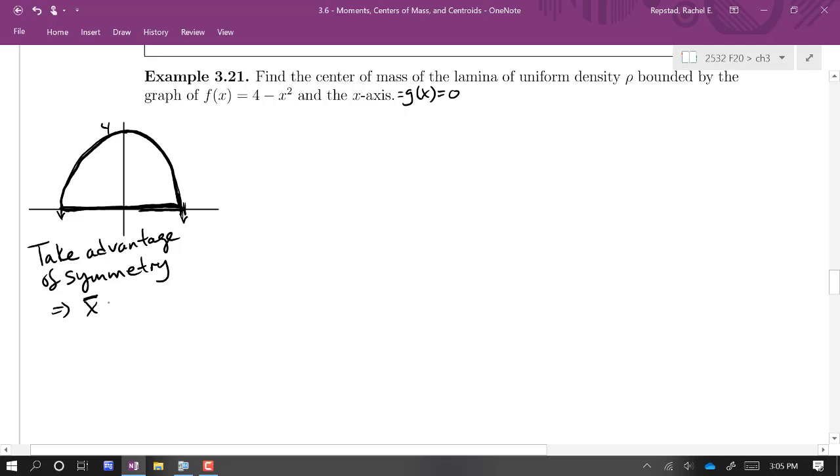So we know x bar is equal to 0, which means we don't need to do the integral for the moment about the y-axis. We do need to do the integrals for mass and for the moment about the x-axis.